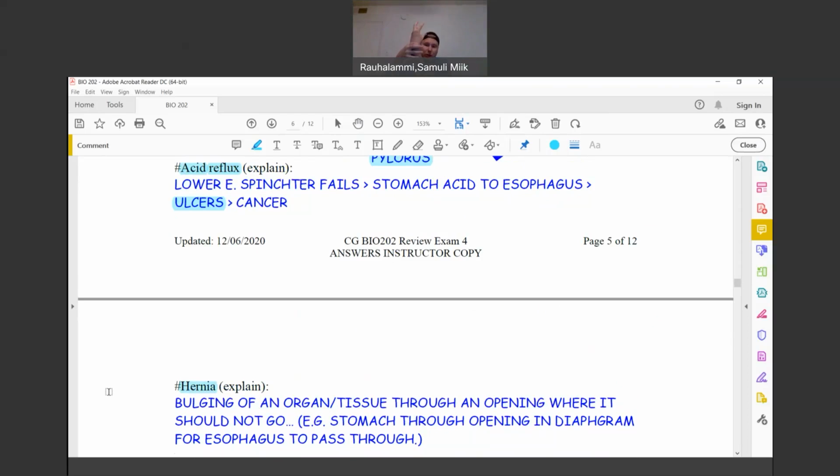If the stomach starts protruding through there, then we talk about a hernia, a hiatal hernia. Those could be an issue. Usually not a big thing, but we want to be aware of it if this keeps happening.